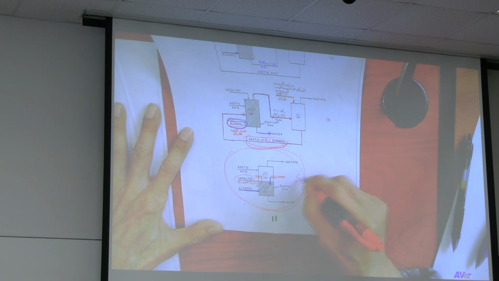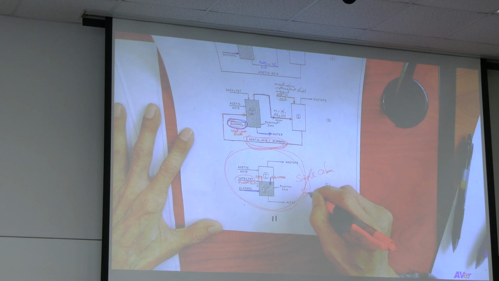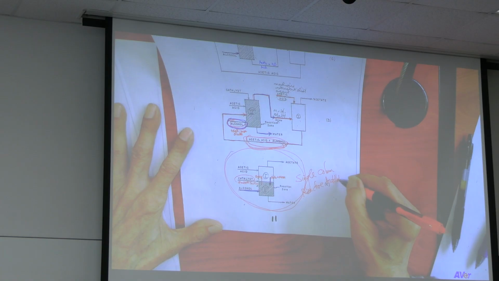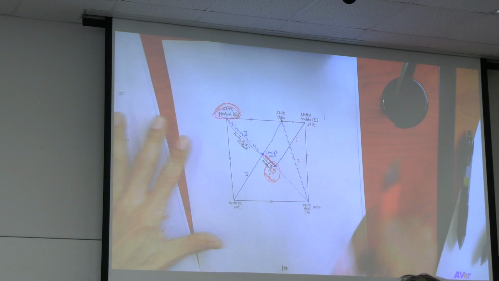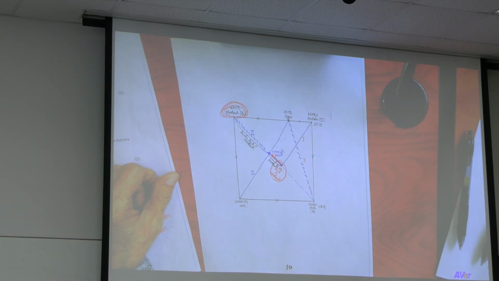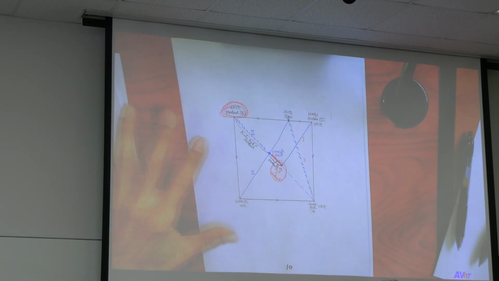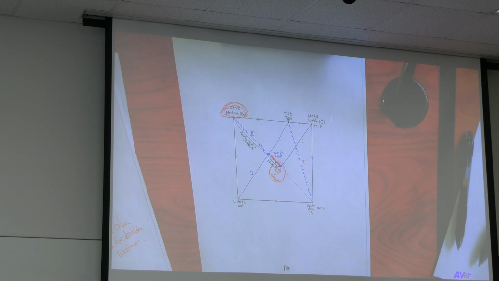That is the single column reactive distillation. Do you see this? How do you like this? Do you understand what's happening?